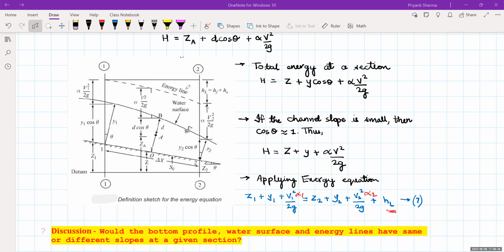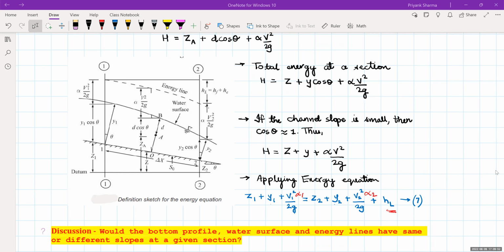So would the bottom profile, water surface and energy lines have the same or different slope at a given section? That is what your question is. So just analyze the factors which affect the water surface and energy line, and based on that comment on this answer.